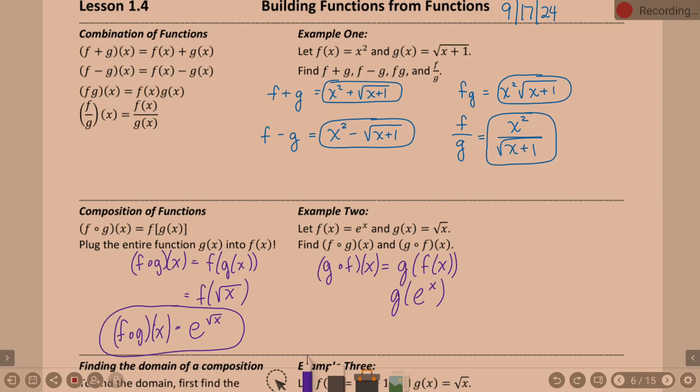Instead of the square root of x, it's the square root of e to the x. It's still a square root, but we're replacing x with e to the x. So it's going to become the square root of e to the x. And this is your g composed with f of x, or gof.